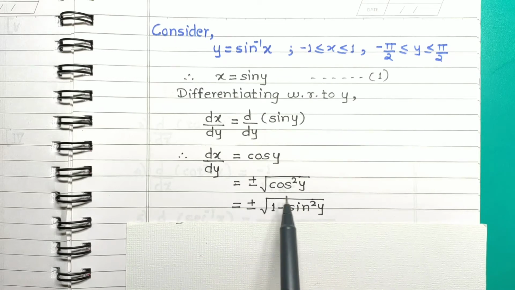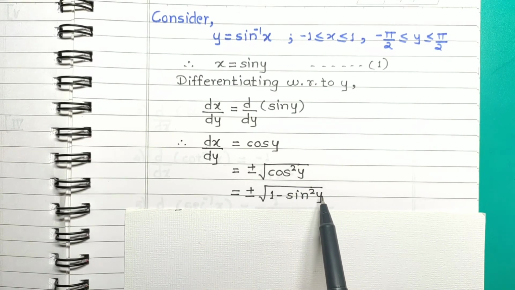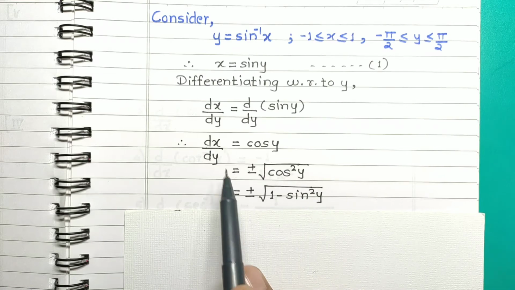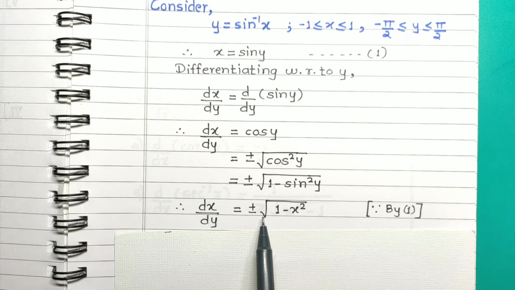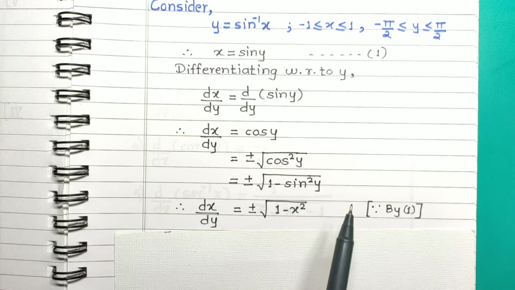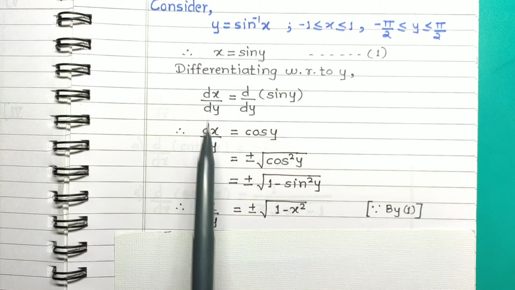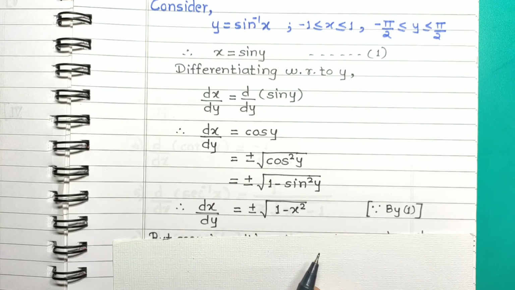And we can write using identity cos square y as 1 minus sine square y. Okay, so we have dx by dy is equal to plus minus square root of 1 minus x square. Okay, so I have replaced this sine y from equation 1 with x. Okay, so this is from 1.